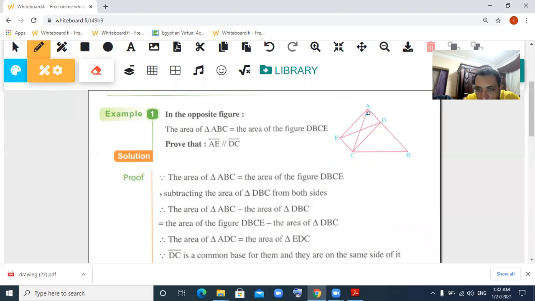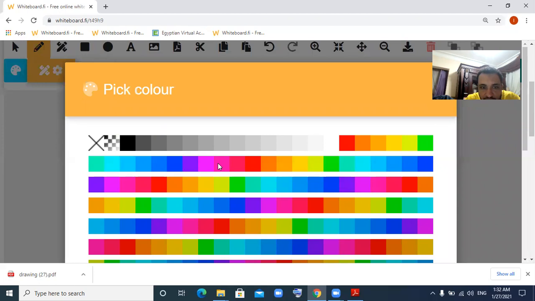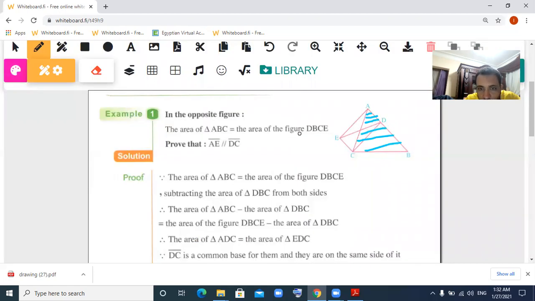Again, the area of the first triangle ABC equals the area of the figure DBCE.